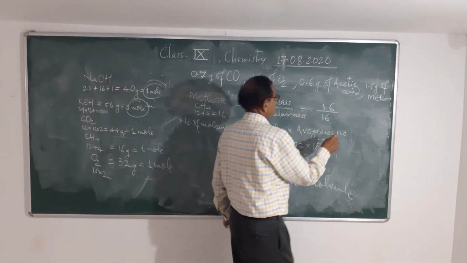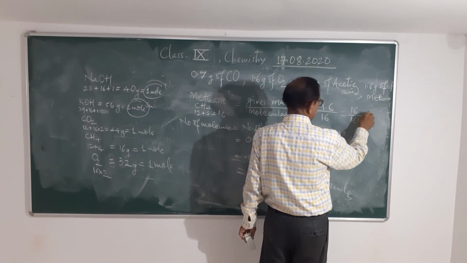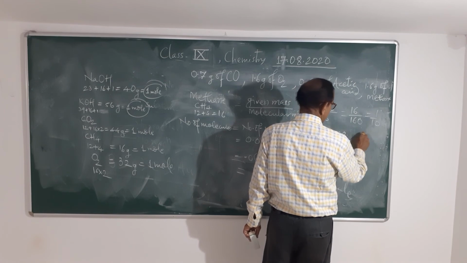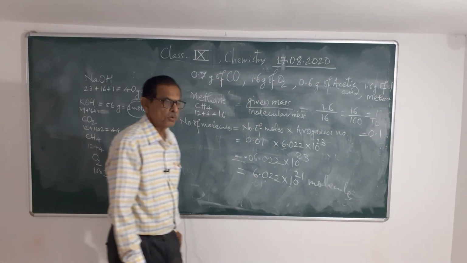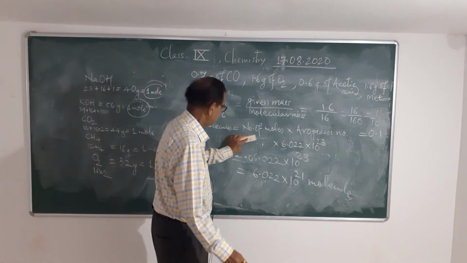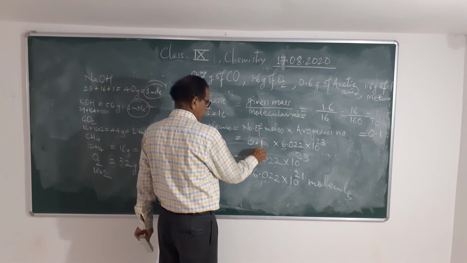Clear? So here 16 divided by 160 means 1 by 10, which is 0.1. So here the number of moles will be 0.1.